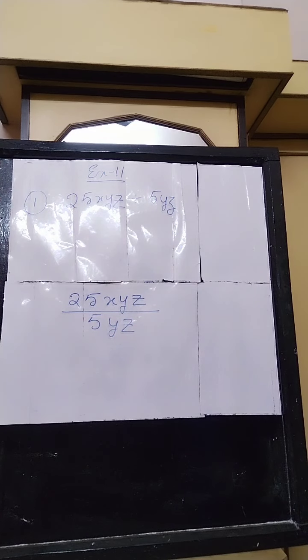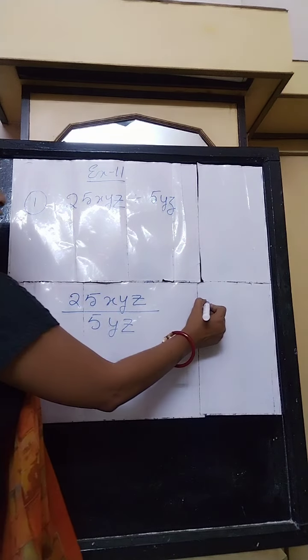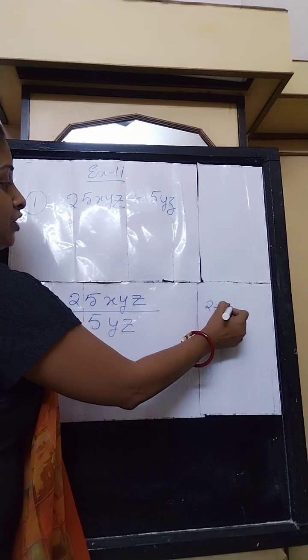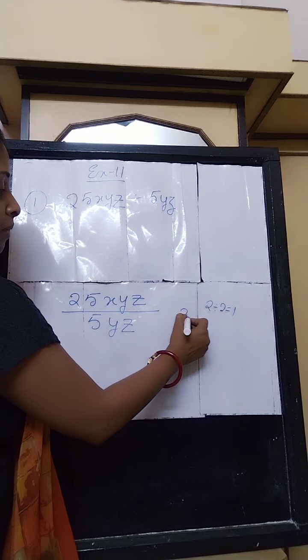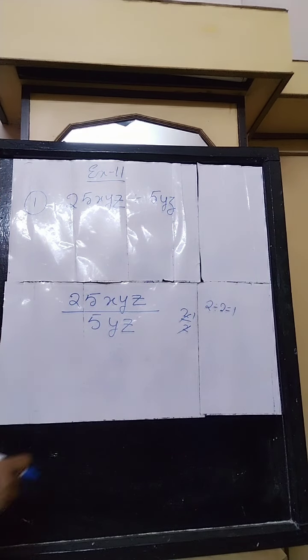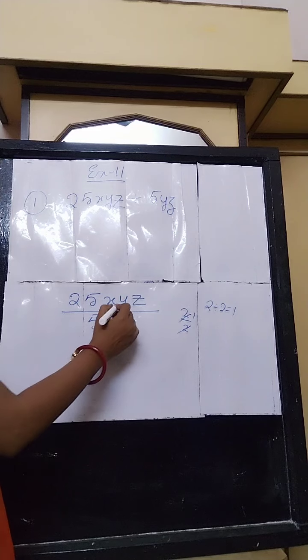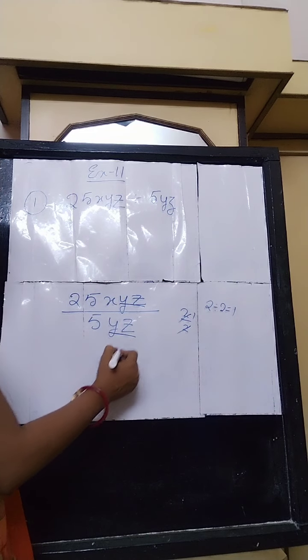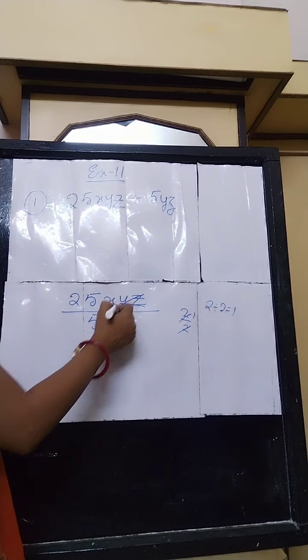If they are the same, then it will cancel, because we know that 2 divided by 2 gives you 1. So if 2 by 2 is written, we generally cancel it. That's why if like terms are there, yz is given in the numerator as well as in the denominator, so we will cancel yz.